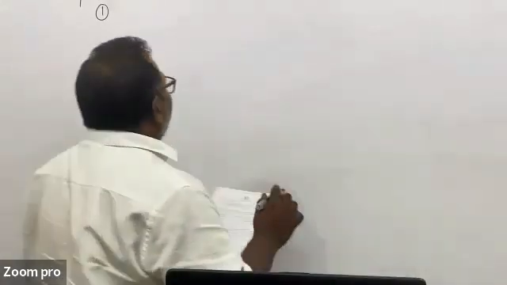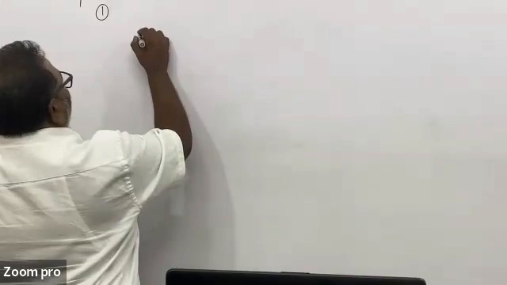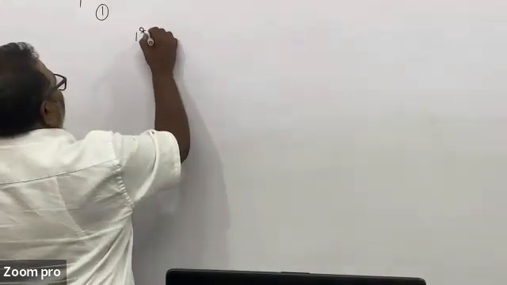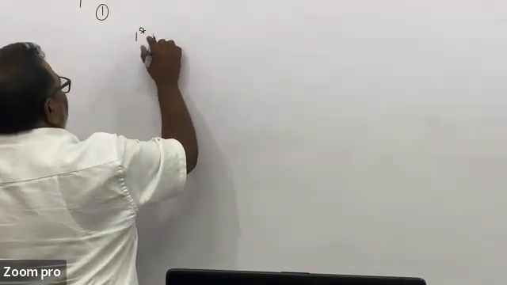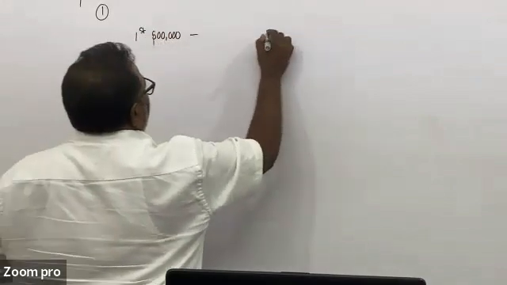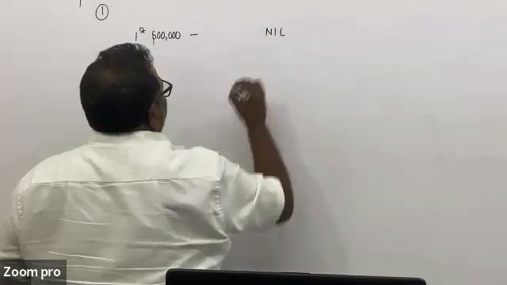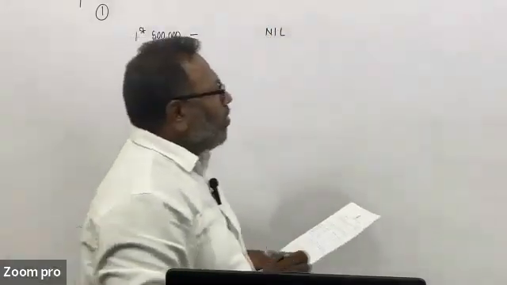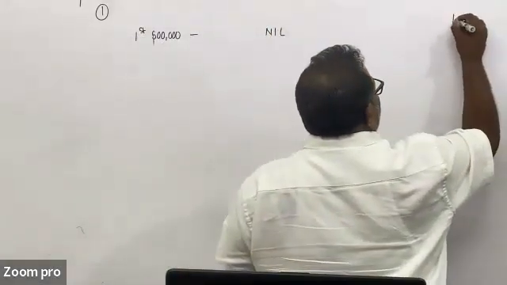So we know for the first 500,000, no tax. So we'll do the tax calculation. First 500,000, he has to pay 0 tax. So I'm saying that is 0. So I'm going to do a small table here.